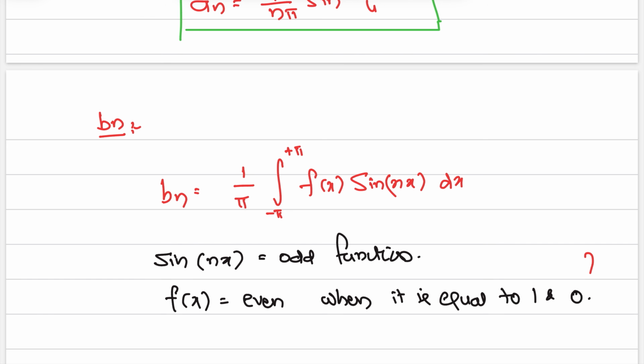Hence, these two values, when function x is equal to 1 and function x is equal to 0, are not going to contribute anything for Bn. This is the logic you have to apply.